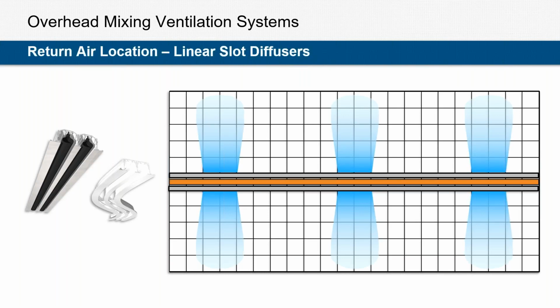The other benefit to this is our return air location. And we can actually locate return inlets in that same slot. If we locate the returns along the perimeter of this space, that can result in short circuiting. So having them in parallel with that supply diffuser is actually often the best location for that return.